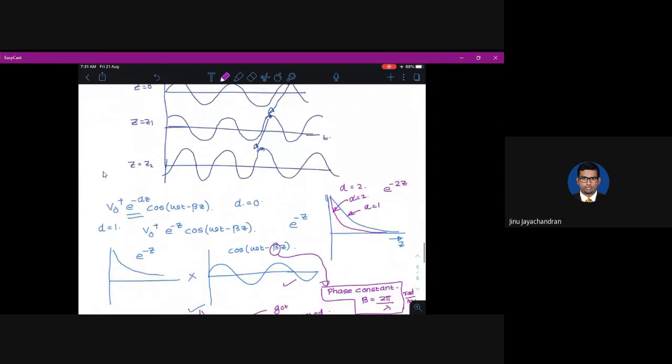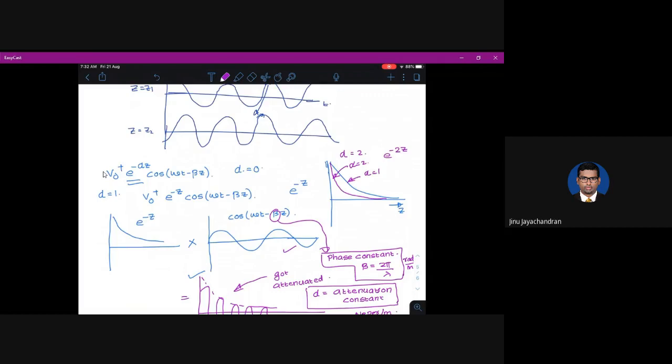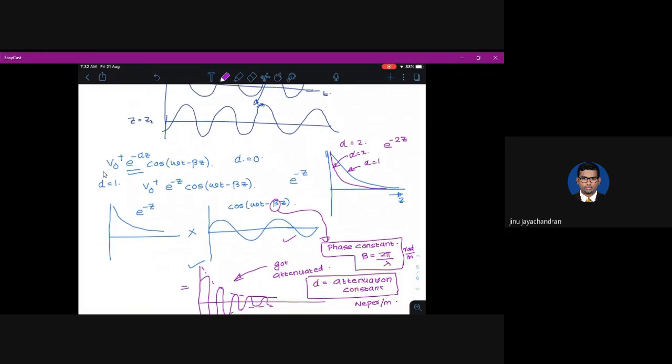So along with cos of omega t minus or plus beta z, there is e raised to minus or plus alpha z. If alpha is always positive and z is varying, e raised to minus alpha z is something which decreases with increasing z.